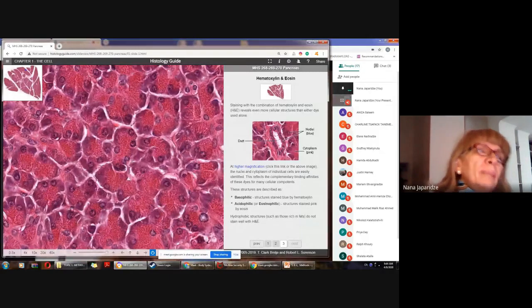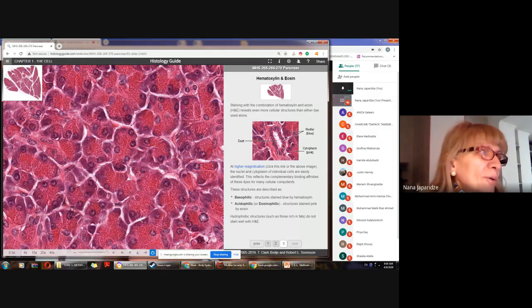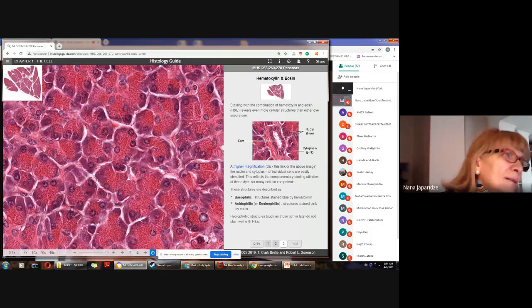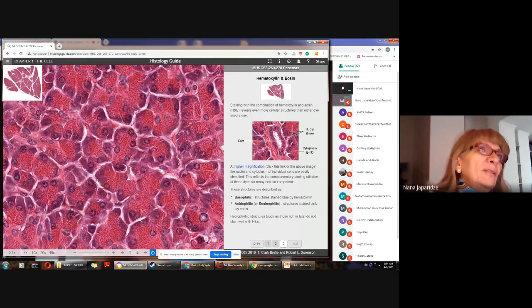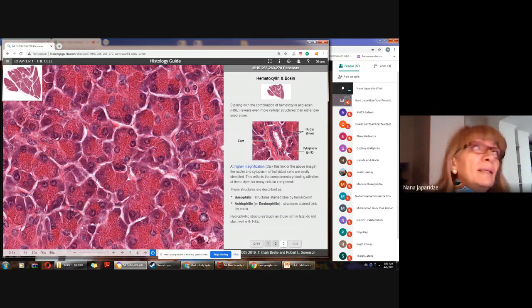So the basic dye stains very well everything that contains nucleic acids and sulfate groups. And that is why the nucleus is well stained, nucleolus, chromatin is visible in the stained tissue samples. You can even identify, for example, the euchromatin and heterochromatin.